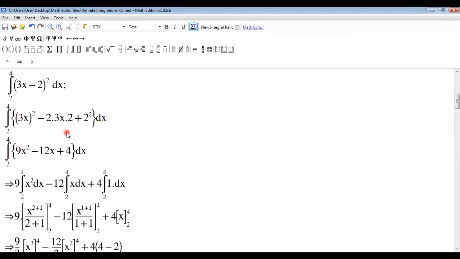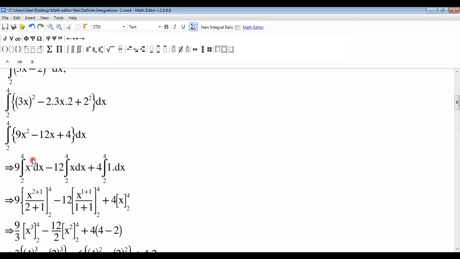Now, using the sum rule of integrations, 3 square means 9x square, 2 times 3 times 2 is 12x, and 2 square is 4. Using the sum rule and constant multiple rule, we write 9 times the definite integral of x square dx, minus 12 times the definite integral of x dx, plus 4 times the integral of 1 dx.